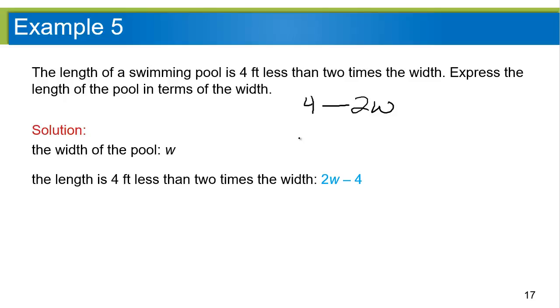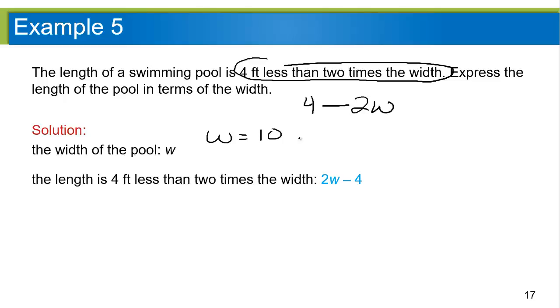What I suggest is, okay, plug in a simple number and see if it makes sense. All right, let's say the width equals 10. Simple, easy number. Now, translate this in your head. So the length is 4 feet less than 2 times the width.